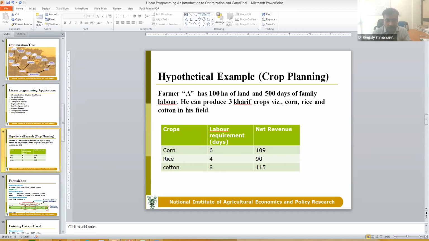Okay, I'm going to the next slide. Is it visible or not? Is it visible, sir? It is still a hypothetical example coming. I don't know, the next slide is not coming.